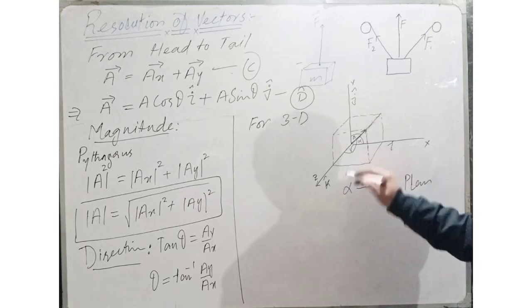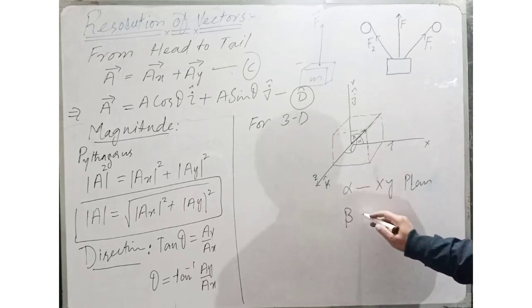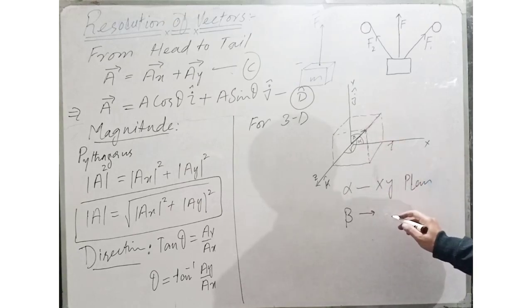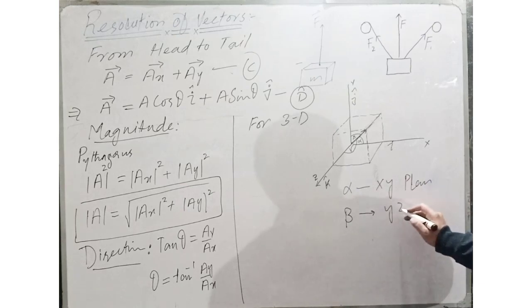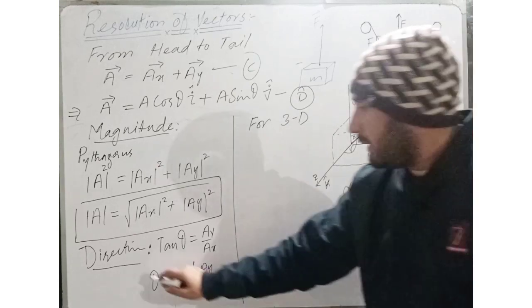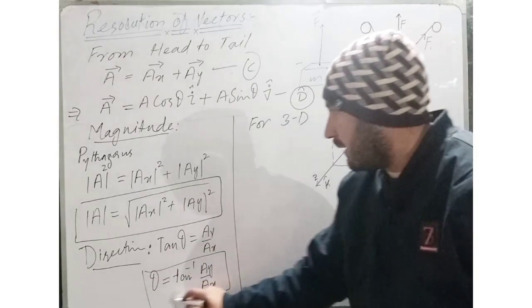In order to find beta, we can use y, z plane, and for gamma we can use x, z plane, right? So we will be using the same formula in order to find the angle for the 3-dimension.